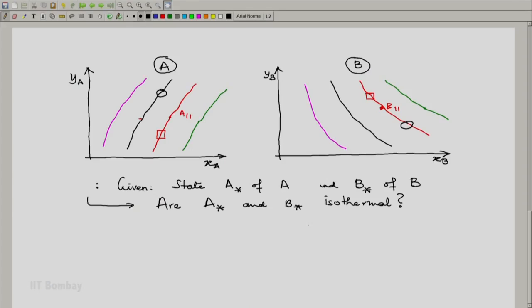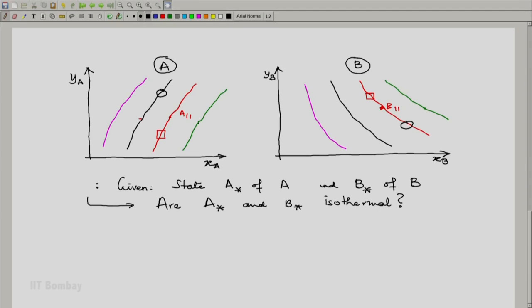Welcome back. We saw the purpose of creating a map of corresponding isotherms in the state space. Here we had, as an illustration, two systems A and B, and again as an illustration we had plotted four pairs of isotherms: the violet or pink pair, the black pair, the red pair and the green pair.